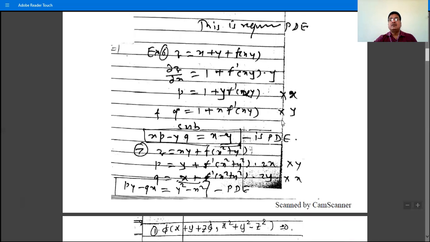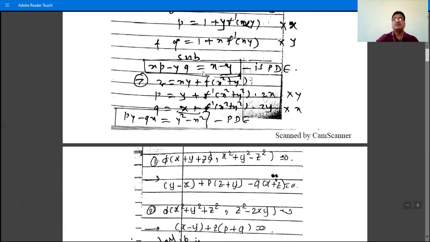And then multiply this equation 2 by x and equation 3 by y, and subtracting, we have px minus qy is equal to x minus y, there is x, here is y, and this term gets cancelled to 0. So px minus qy is equal to x minus y, which is the required partial differential equation. So for formation of a differential equation, if there is a function f, then eliminate that function f.